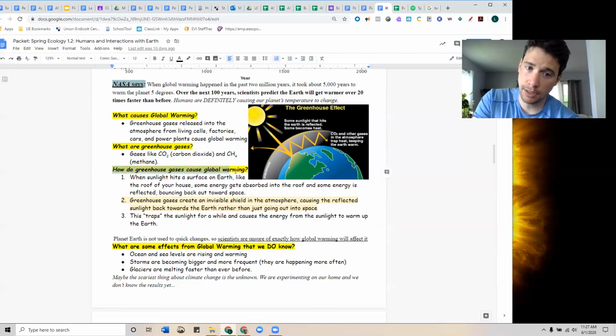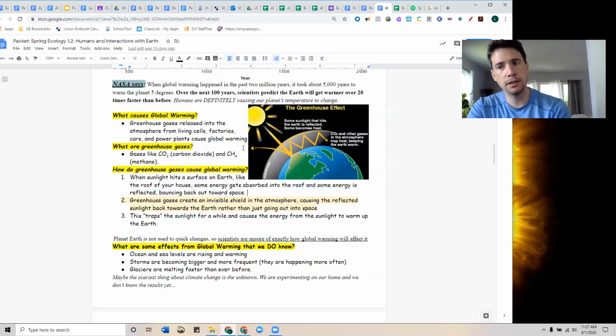Let's learn how. So how do greenhouse gases cause global warming? Okay, so you're going to check out the image here as I'm reading, or you can stay with me as I read the text. But the graphic really helps out. So here's the sun, right? Sunlight hits the surface like the Earth, goes down, hits the Earth, and normally it bounces and just sort of like most of it goes away back out into space, and then we keep getting more sunlight hitting us.